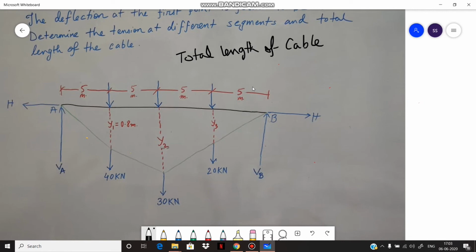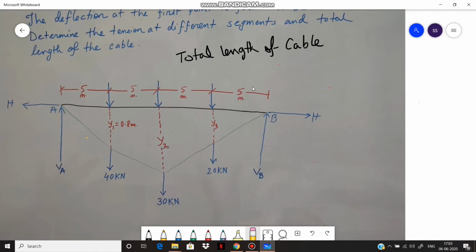This is the summation of this, this, this, and this. So we have to calculate the length of each segment, that is this, this, this, and this. So in order to calculate this, we have to apply the calculation of simple trigonometry.